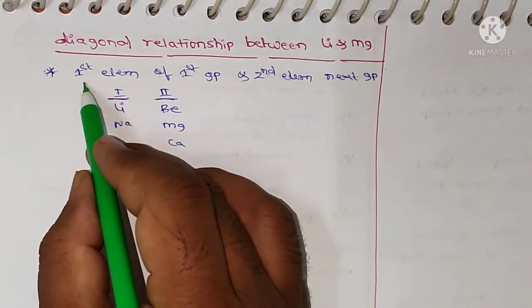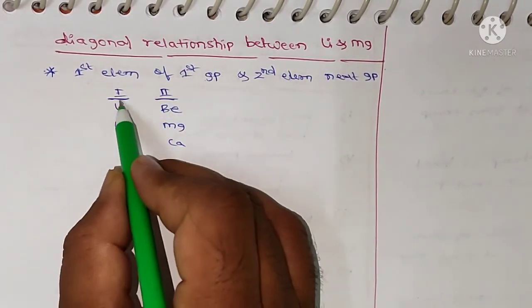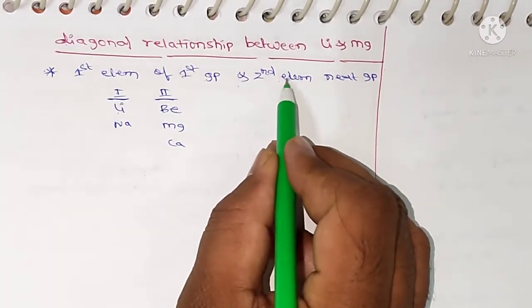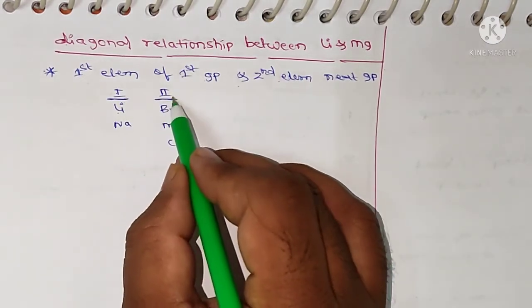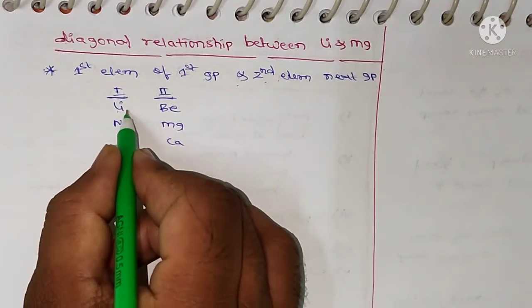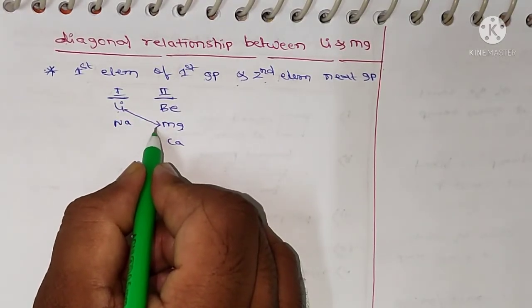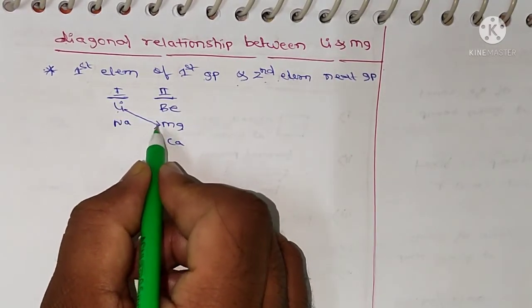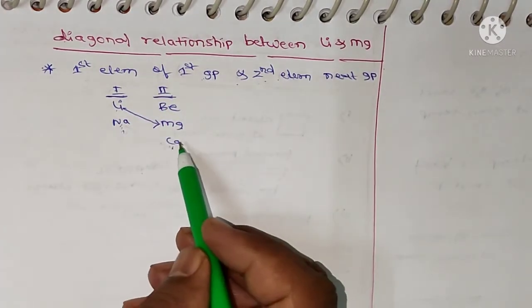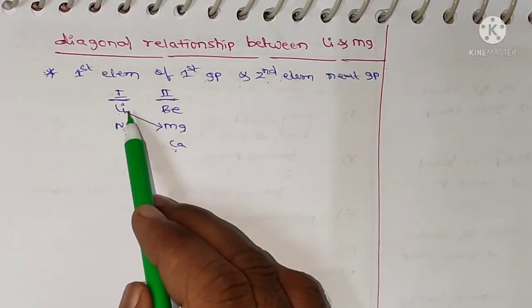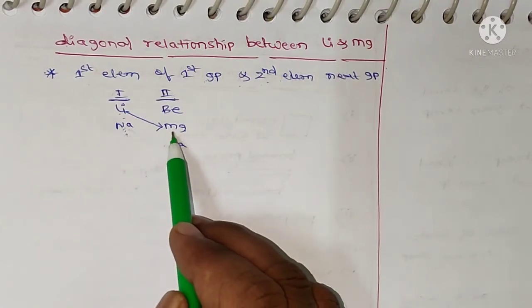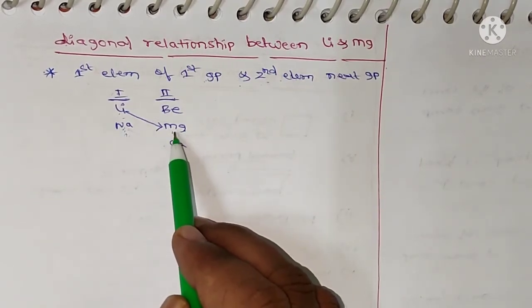So here the first element of the first group is lithium, and the second element of the next group, the second group, is magnesium. So these two metals have similar properties, and that is called diagonal relationship.